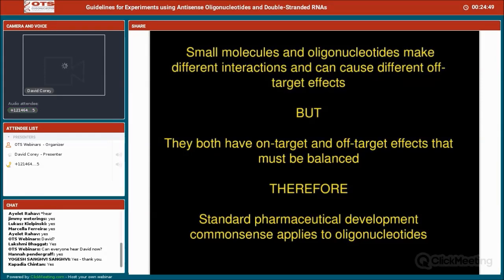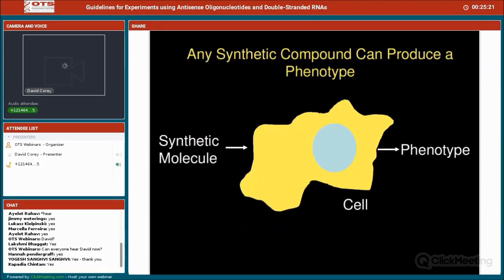That's another way of saying that the same high level of professionalism that big pharma employs when developing drugs needs to be employed during the development of oligonucleotides. And I think that the companies that have been the most successful at developing nucleic acid therapeutics have certainly shown us all that that level of professionalism is possible in our field.